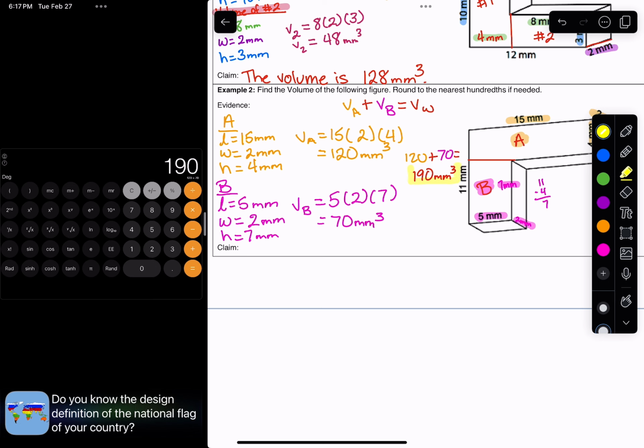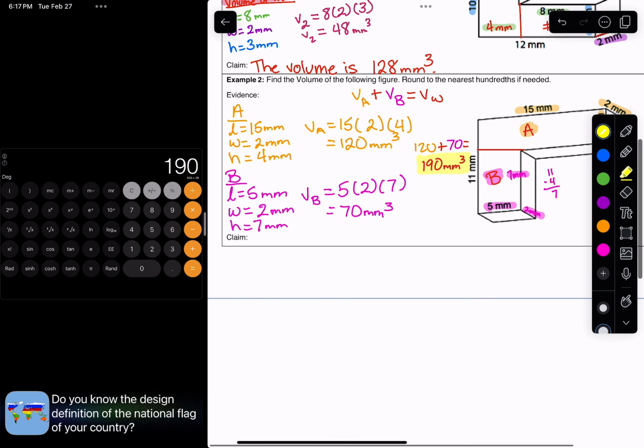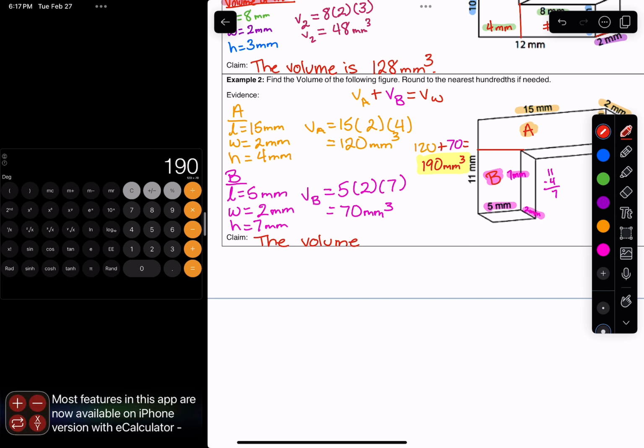This is going to be our final answer. Okay? So, our claim is going to be the volume is 190 millimeters cubed. Okay.